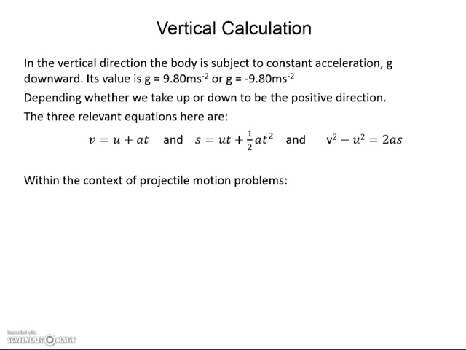Remember, if we're looking at a projectile motion problem, we need to make sure that we're looking at either the v's for vertical or y's for vertical. So that first equation becomes v_v equals u_v plus gt, and we say g for gravity instead of acceleration, because in this vertical realm our acceleration is provided by gravity.